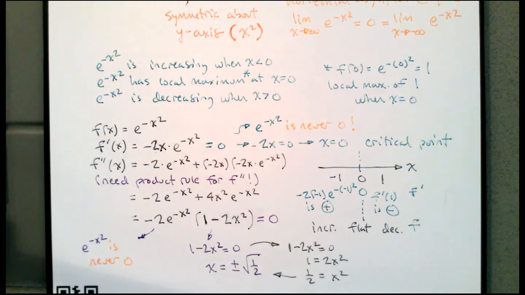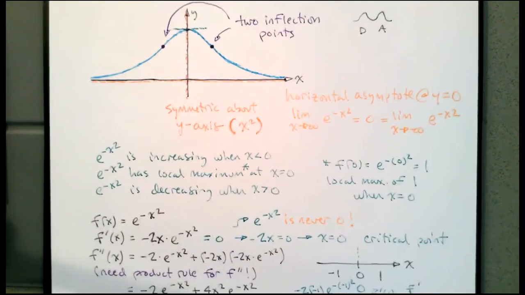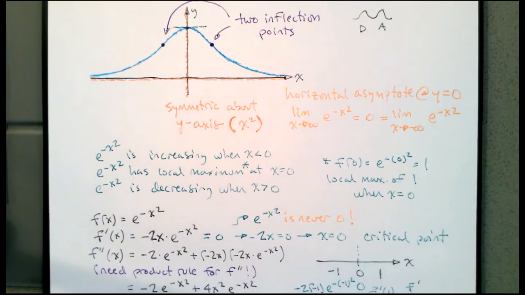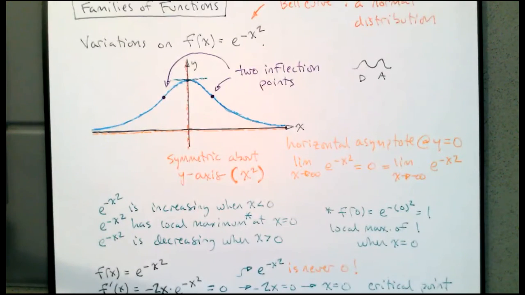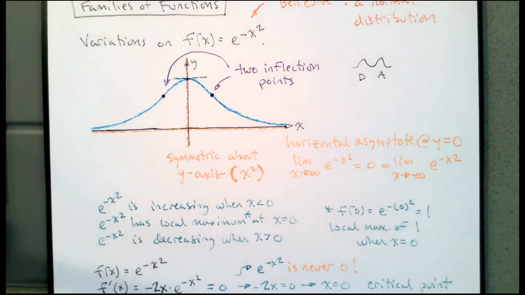So the calculations match up with what we observed on the graph. And there are always reasons in the equation for the things on the graph. The symmetry about the y-axis is because the x is being squared. So all the negative x's look like the result of positive x's because the negatives get squared away.